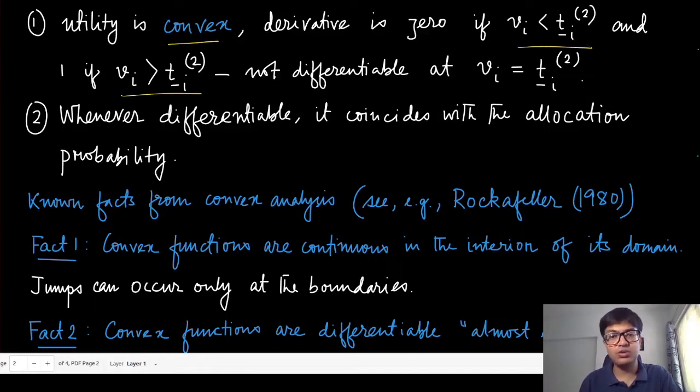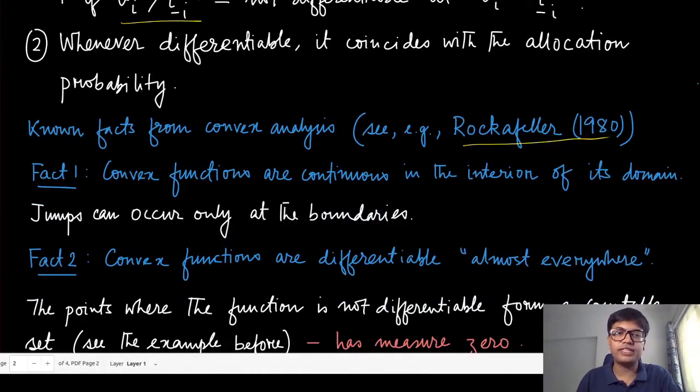If you are interested in looking at the proofs, you can take a look at some standard text like Rockafellar, but wherever necessary we will provide some intuition of why such a result is actually true. The first fact from convex analysis is that convex functions are continuous in the interior of their domain.